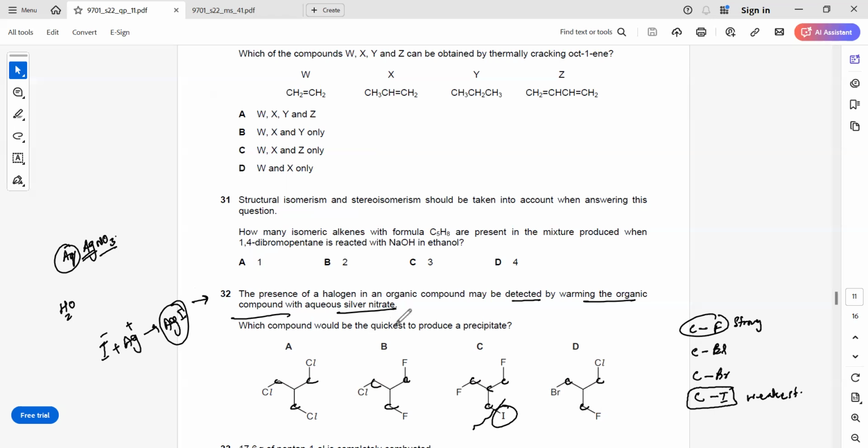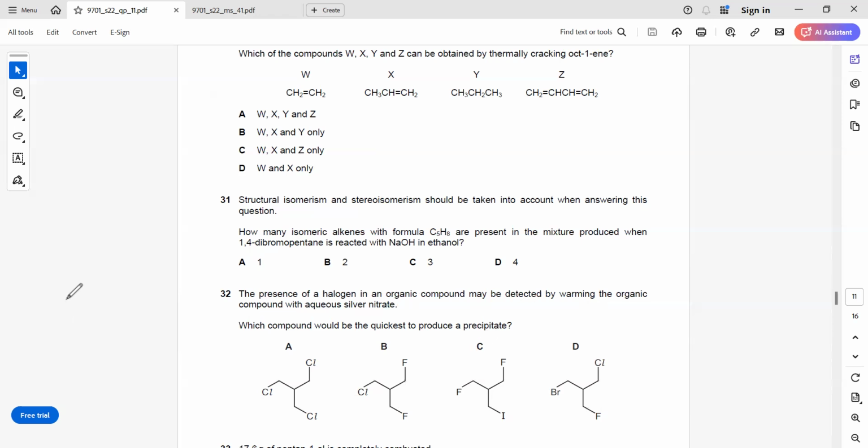So this compound will give us the quickest yellow precipitate because of the lowest bond energy of the CI bond, right? Okay, let's see another question.